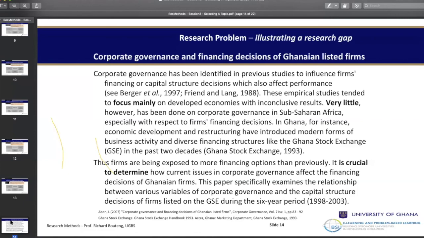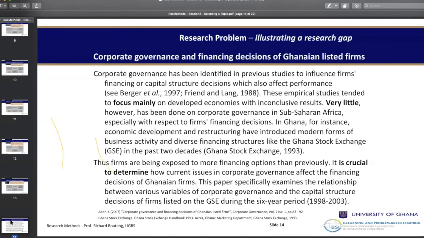There are very few from developing countries. So it tells you there is a gap, that there is too much research on corporate governance and financing decisions of firms in developed countries at the expense of developing countries. That is one gap. Number two, it's also saying that the studies even on the developed economies are inconclusive. So more studies are needed in developed economies concerning corporate governance.